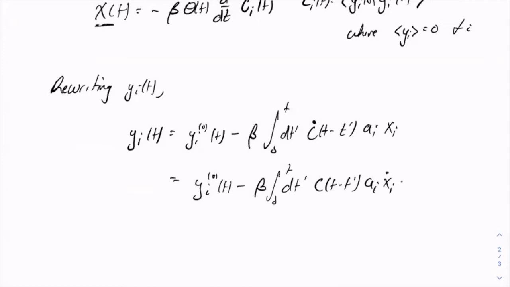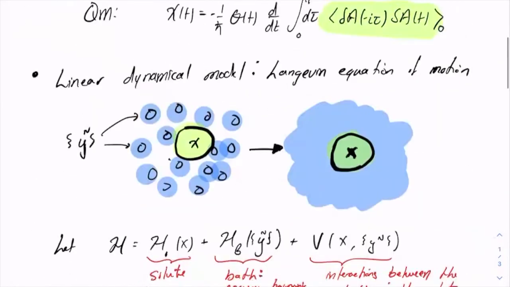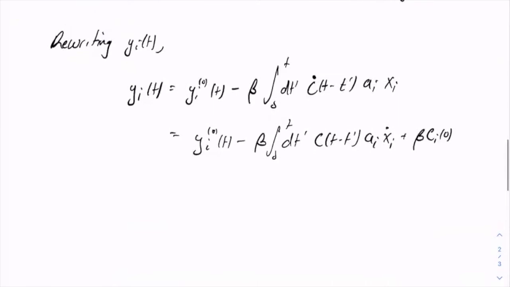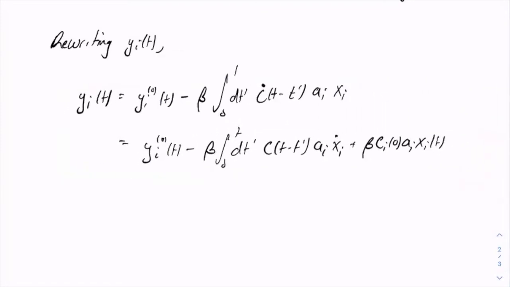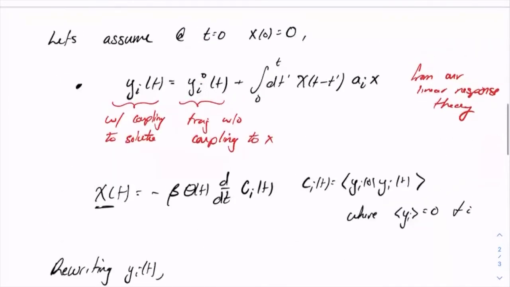There's no reason that that is 0. Coming from Ci at t equal to t prime and xi also evaluated at t. So there's only one boundary term here because I've assumed that x at 0 is 0.